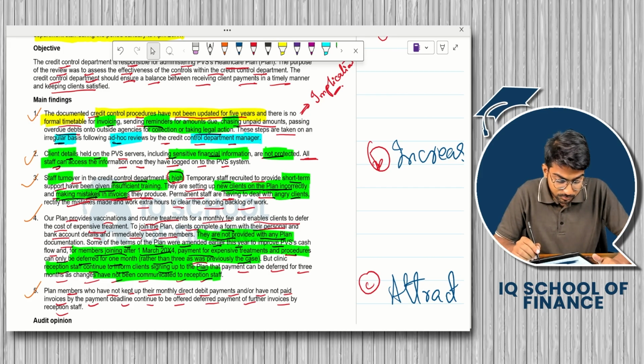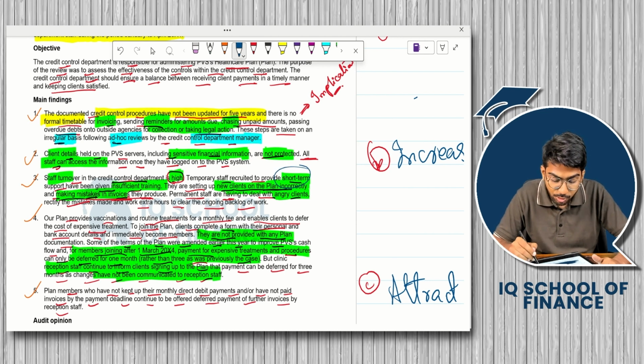So now the third point is that the staff turnover is very high, and due to this short-term employees have received no training, and they are selling incorrect plans and making mistakes in the invoices, due to which the clients are angry.